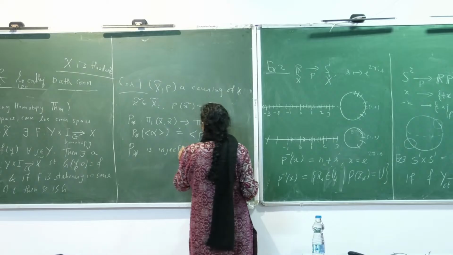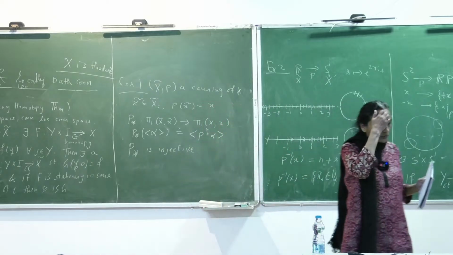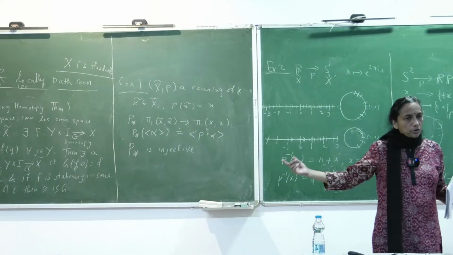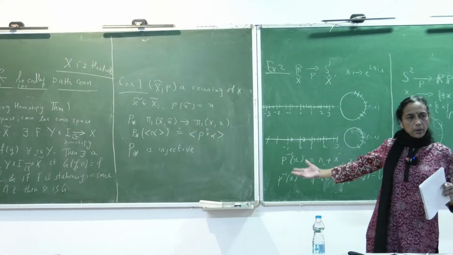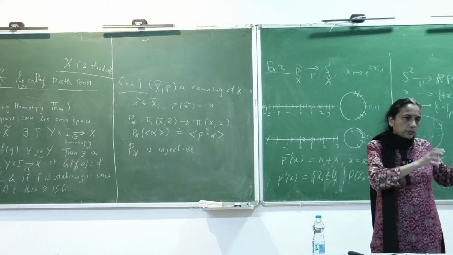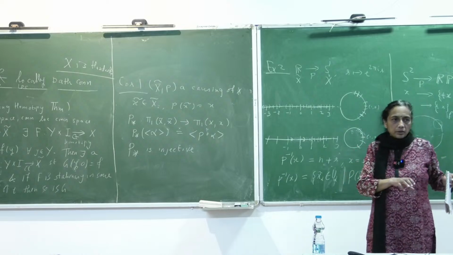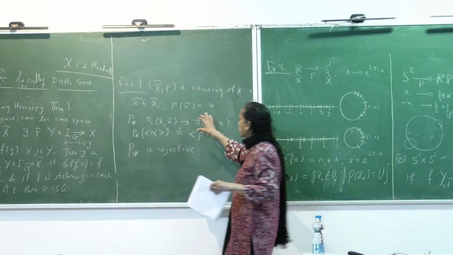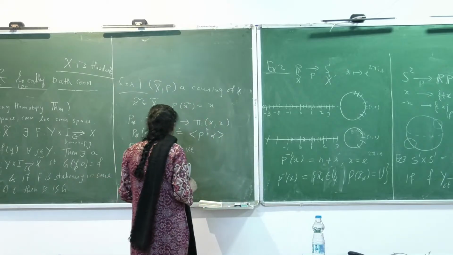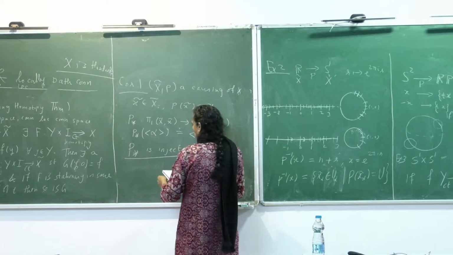We already know that P star is a group homomorphism. So this will give you a subgroup, a copy of pi 1 of X tilde, x tilde. It will be a copy contained in this, okay. So this corollary says this. Let me quickly tell you how.